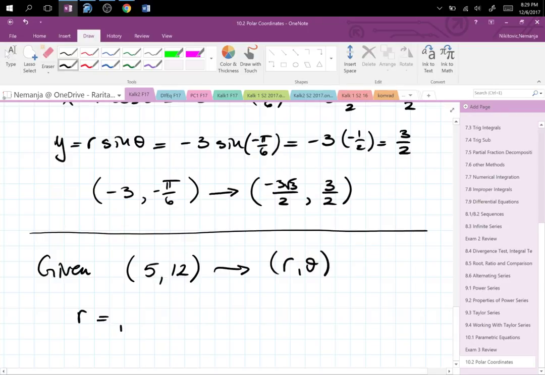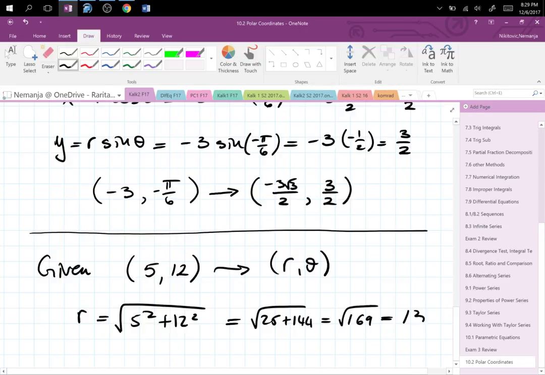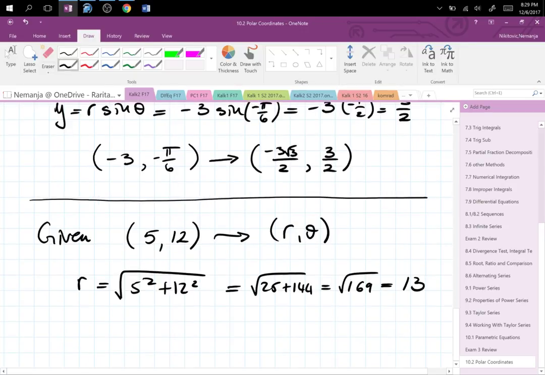So r is equal to square root of 5 squared plus 12 squared, which is square root of 25 plus 144, which is square root of 169, which is 13. And theta is the inverse tangent of y divided by x, which is 12 divided by 5.